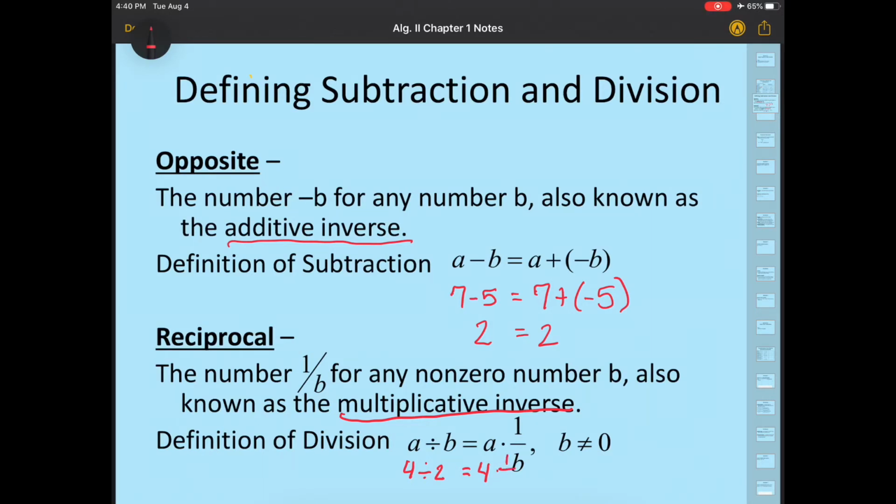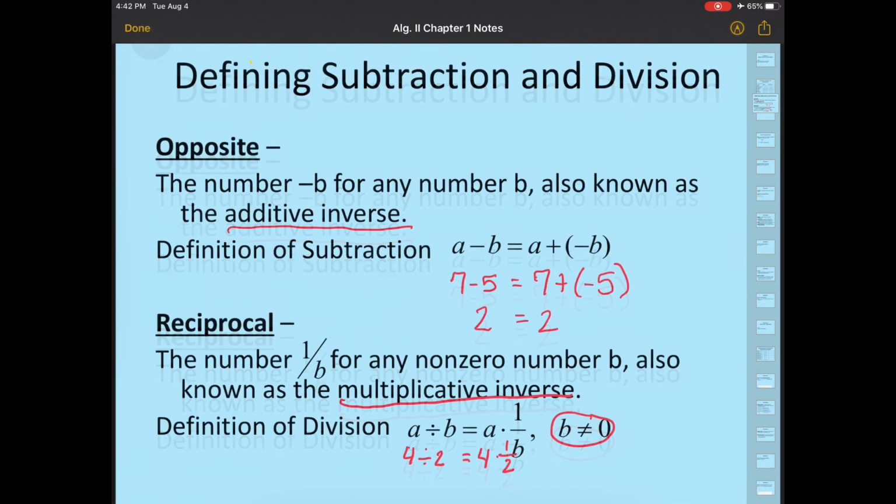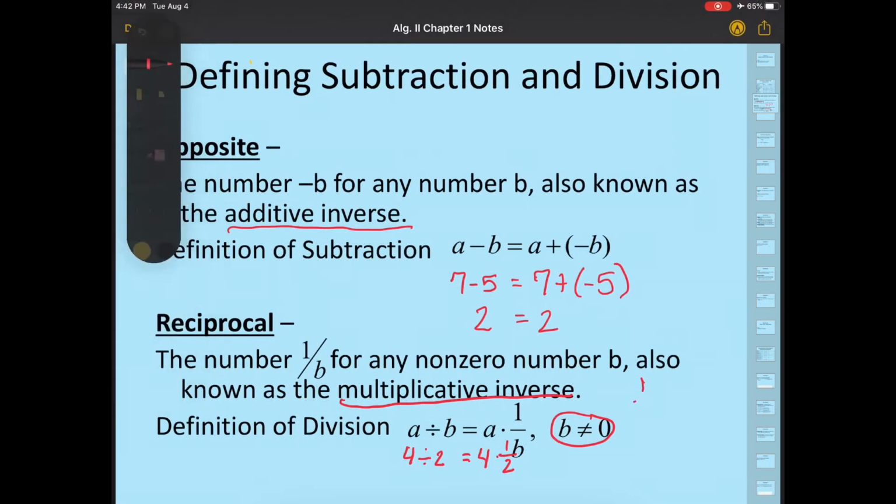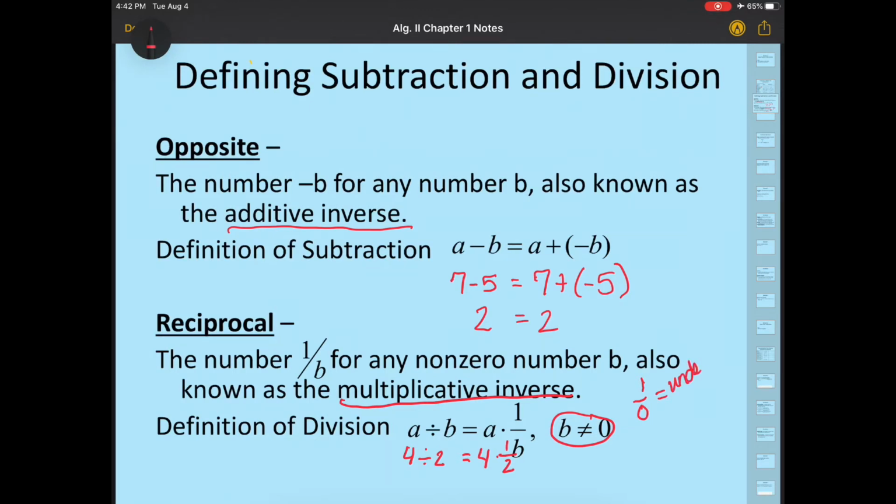So multiply by 1 over 2. That's my multiplicative inverse. But I need to make sure b isn't 0, because if you remember, any number over 0 is undefined. Okay, so 4 divided by 2, we all know that's 2. And 4 times 1/2 is still 2.